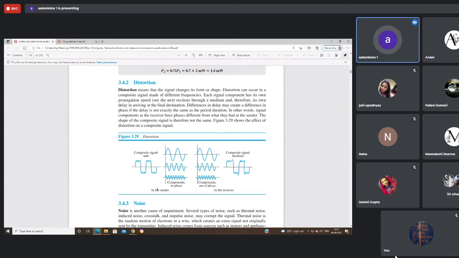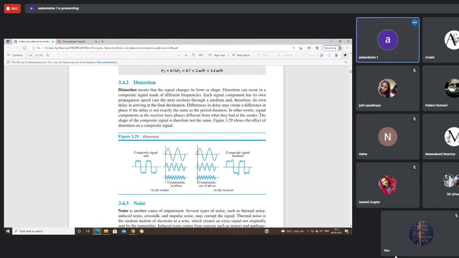But what will happen at the receiver side, because they have been distorted differently by the same transmission media. They are passing through the same cable, but because of their individual frequencies, they will be distorted differently and they may reach out of phase.